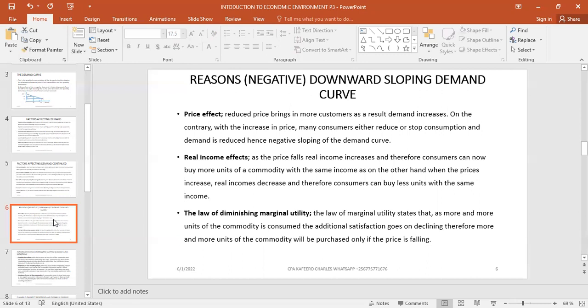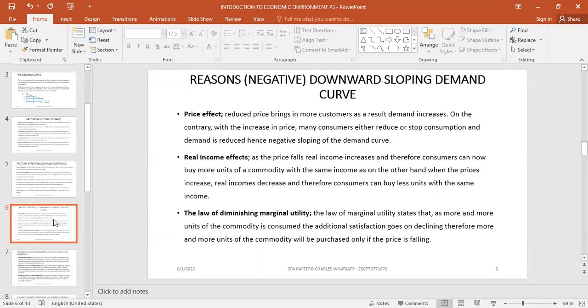It is not in the sense that the income is increasing in value, but we are comparing the income in terms of the buying power, the quantities we are going to buy depending on the price of those items. That's how we explain the real income effect.